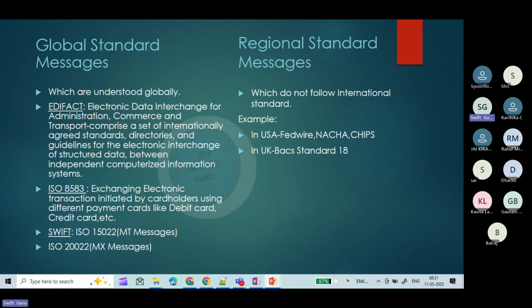Fedwire has its proprietary message, which is understood only by the banks who are participants within the Fedwire system in the United States. It's basically a high-value payment system for the United States. And then we have Nacha within the USA, and CHIPS. And likewise in the United Kingdom, we have BACS Standard 18. So these are some examples of regional standard messages.